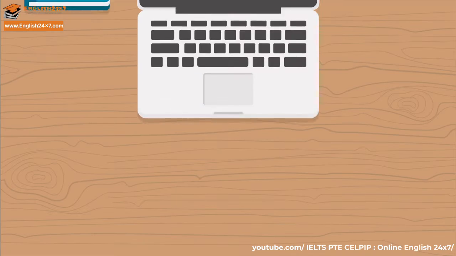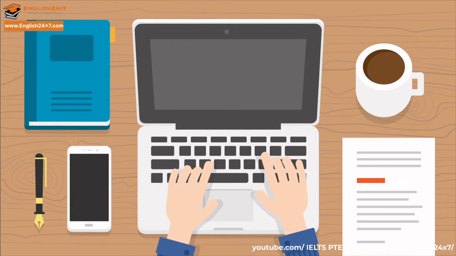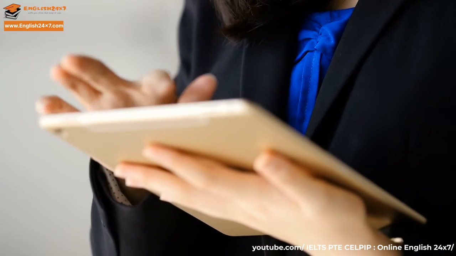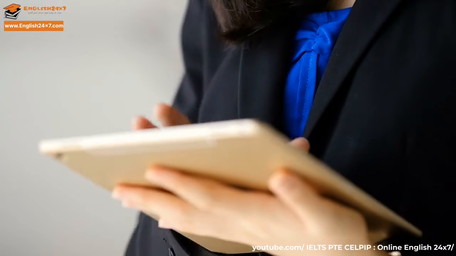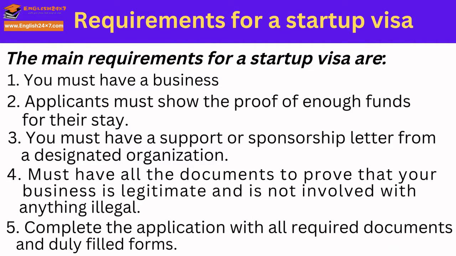You can also apply under immigration programs like the Startup Visa program. If you have an innovative business idea which can help the Canadian economy, then you can apply under the Startup Visa program. The main requirements for a startup visa are: Number 1. You must have a business. Number 2. Applicants must show proof of enough funds for their stay.